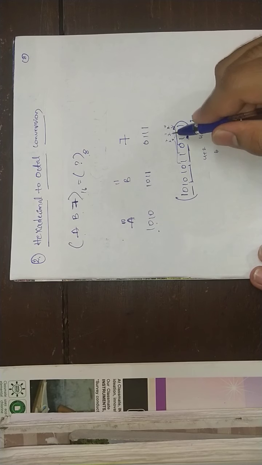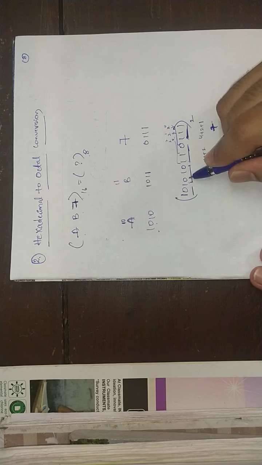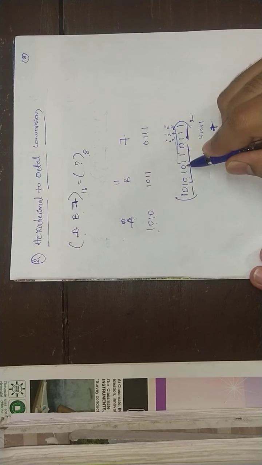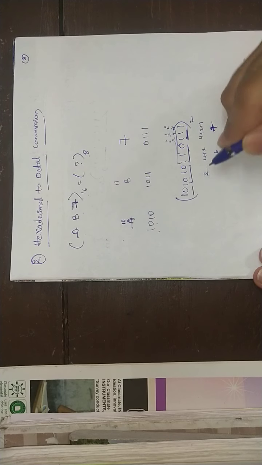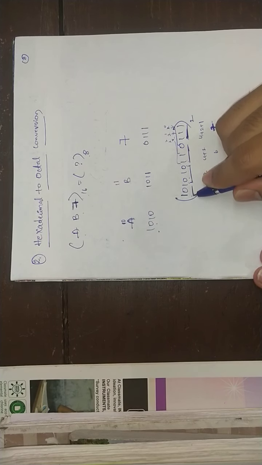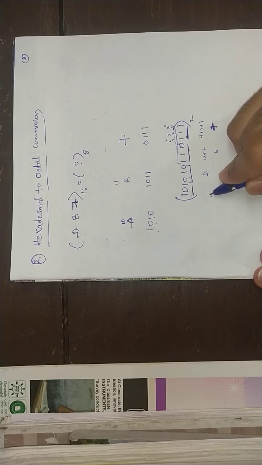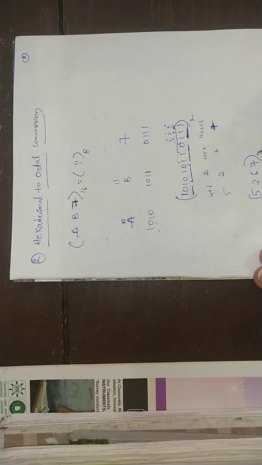Then 0 1 0: 0 plus 2, its value is 2. Then 1 0 1: 4 plus 1, that is 5. The answer is 5267 with base 8.